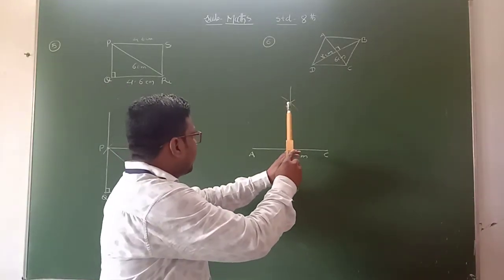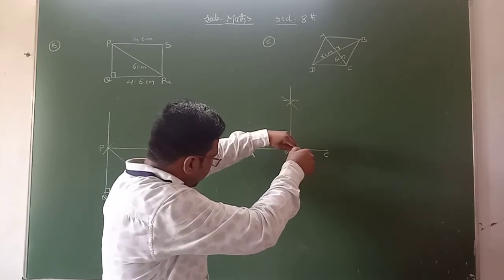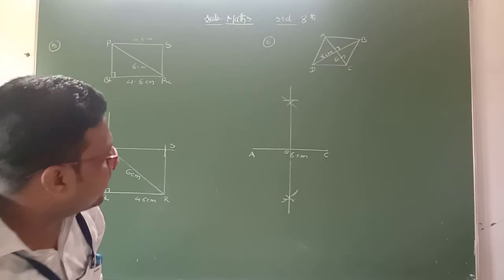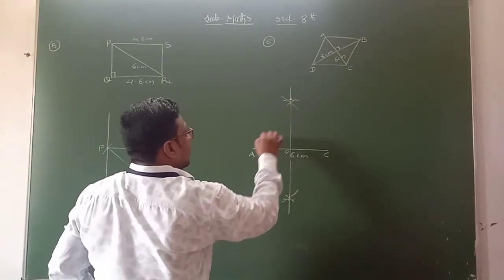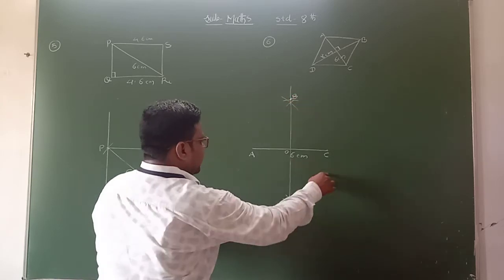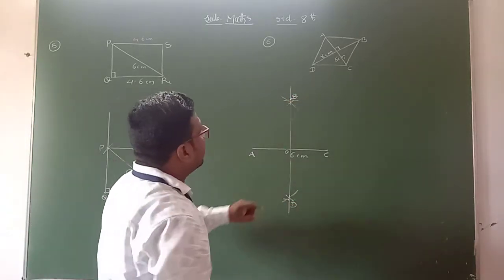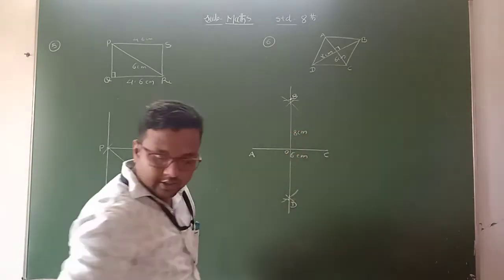Make one arc above and one arc below on this perpendicular bisector. In this way we get the remaining two vertices of the rhombus. Name this B and this D, with A and C already marked. Clear? And the length of BD is equal to what? 8 centimeter.